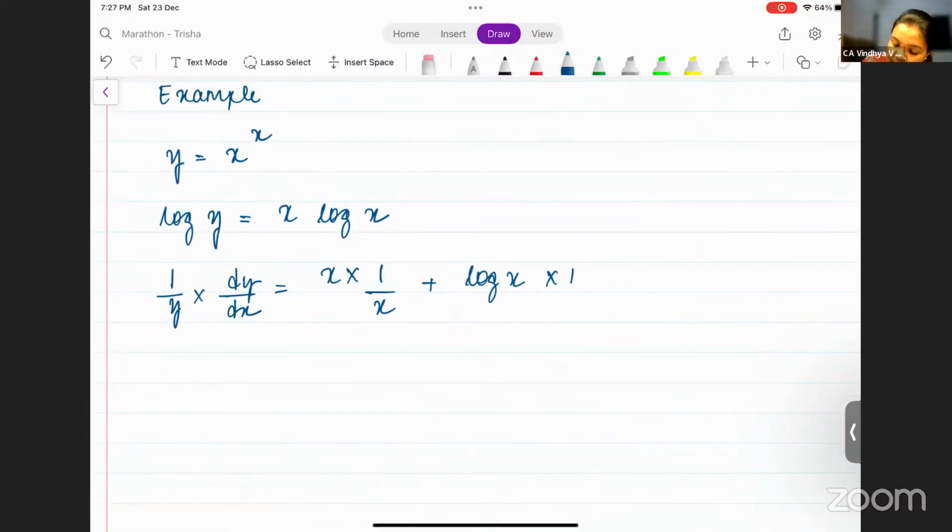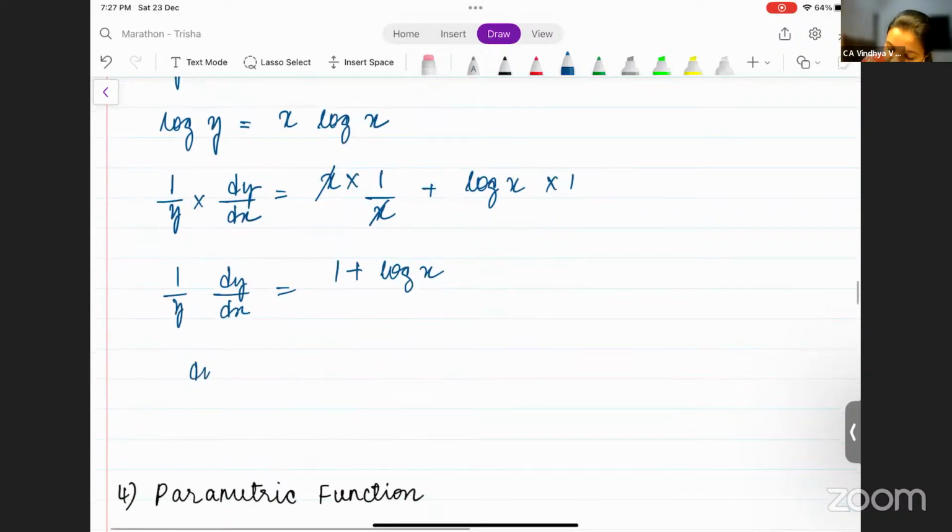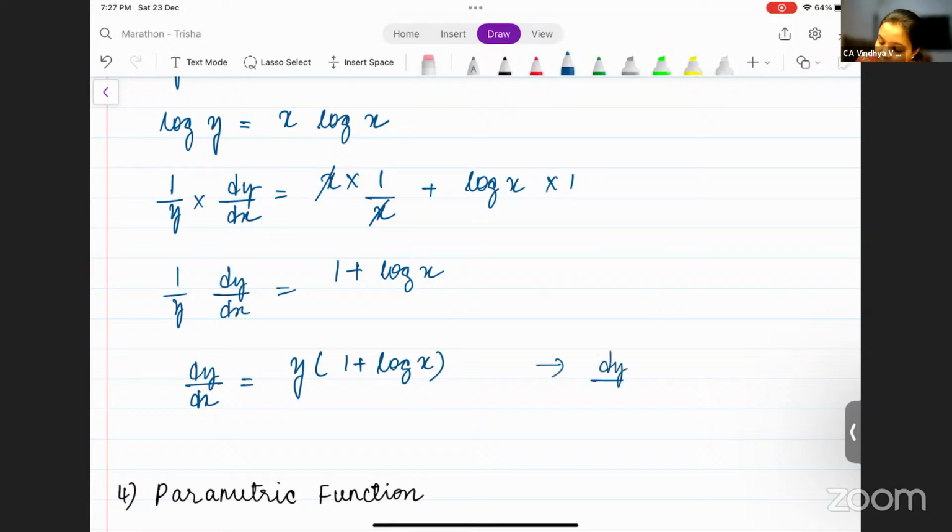You will get 1 by y dy by dx is equal to x gets cancelled, 1 plus log x. So dy by dx can be written as y into 1 plus log x. This means dy by dx, in the place of y, we can write x to the power x into 1 plus log x.